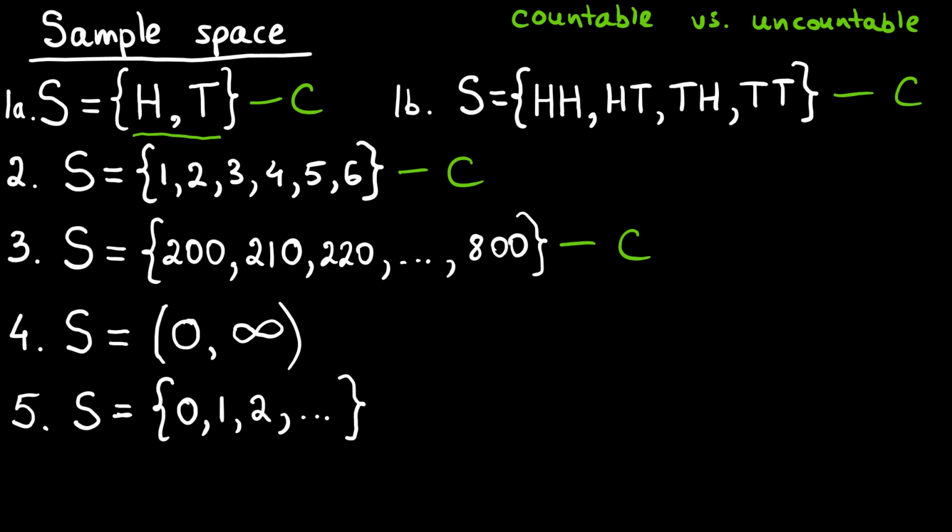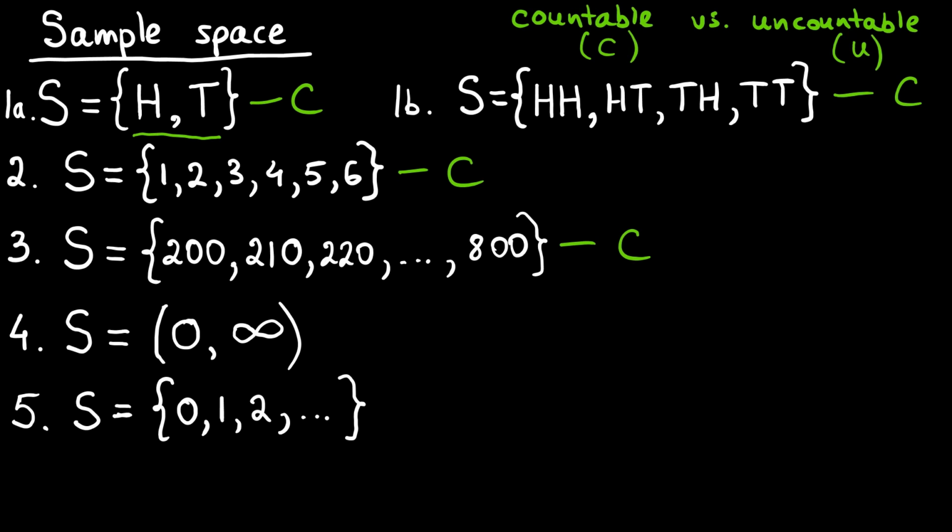And that's about it for sample spaces that contain a finite set of elements. Okay, that first pass we're done. Let's see now how we deal with sample spaces that have an infinite number of elements.